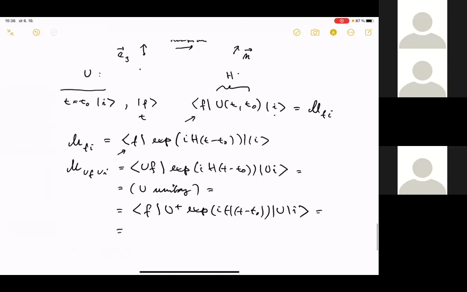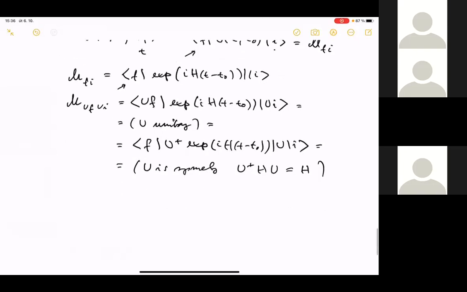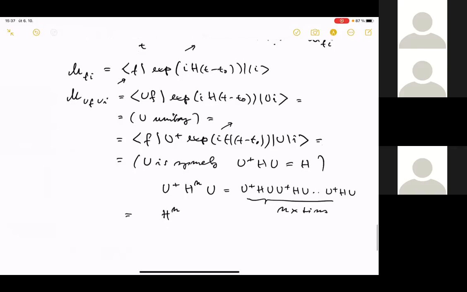But provided U is a symmetry, then U cross H U is again H. And we can imagine, for instance, Taylor expanding this exponential and writing the nth power of the Hamiltonian sandwiched with U cross and U as U cross H U, U cross H U, and so on, U cross H U n times. And we find that this is nothing else but the Hamiltonian to the nth power.